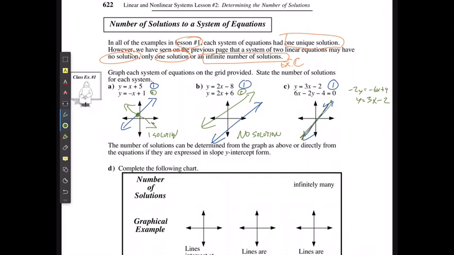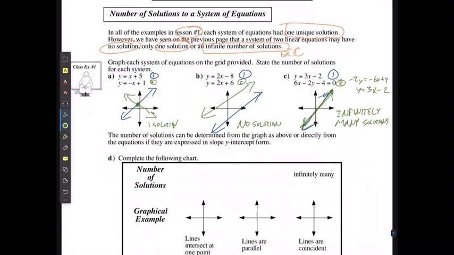And because when I change them around, they are the same equation, equation 1 and equation 2 are equivalent, this one has what we call infinitely many solutions. So any point that exists on this line that's going to go on forever and ever is a possible solution.